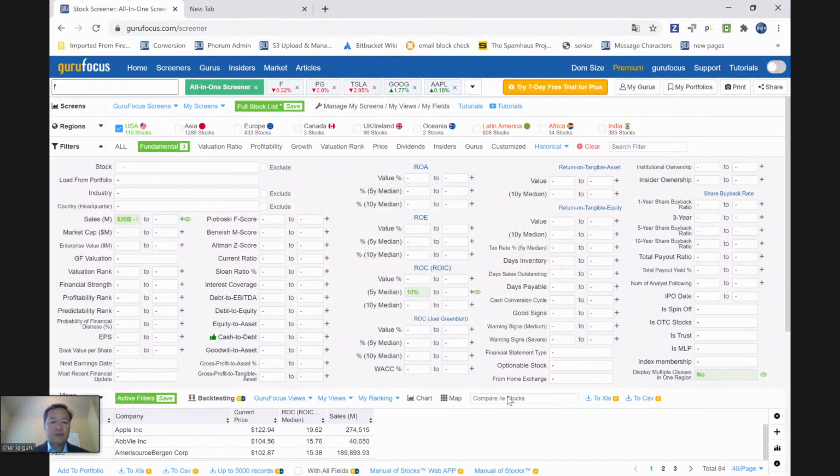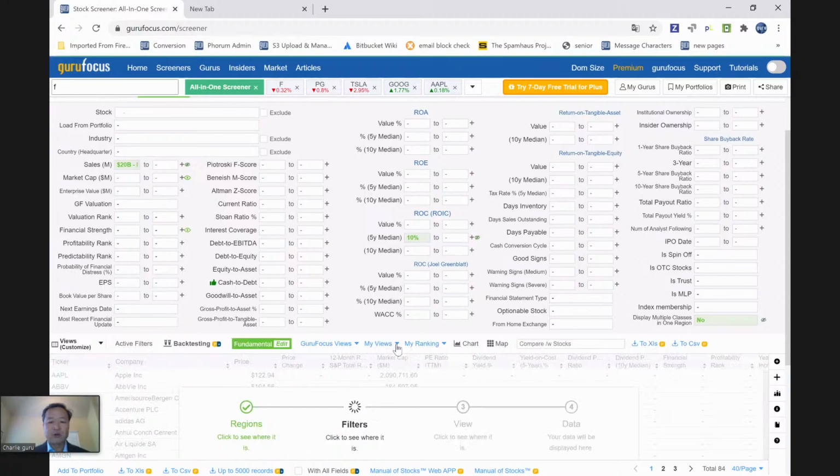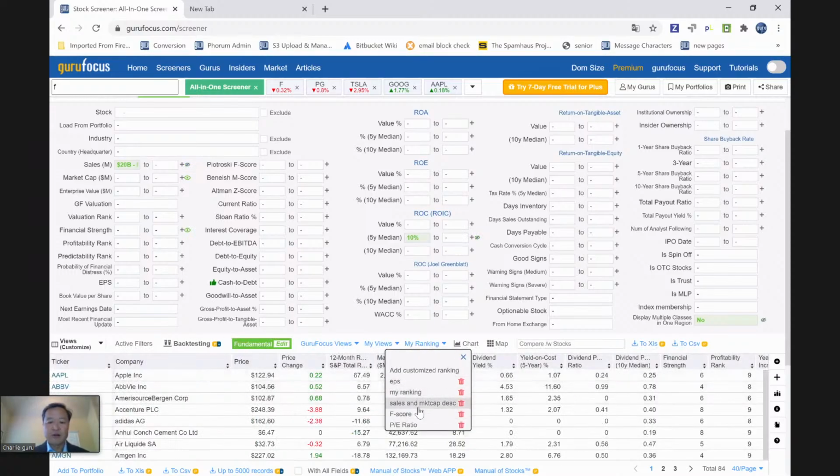Lately, we also added a ranking function. You can create your own customized ranking with multiple parameters.